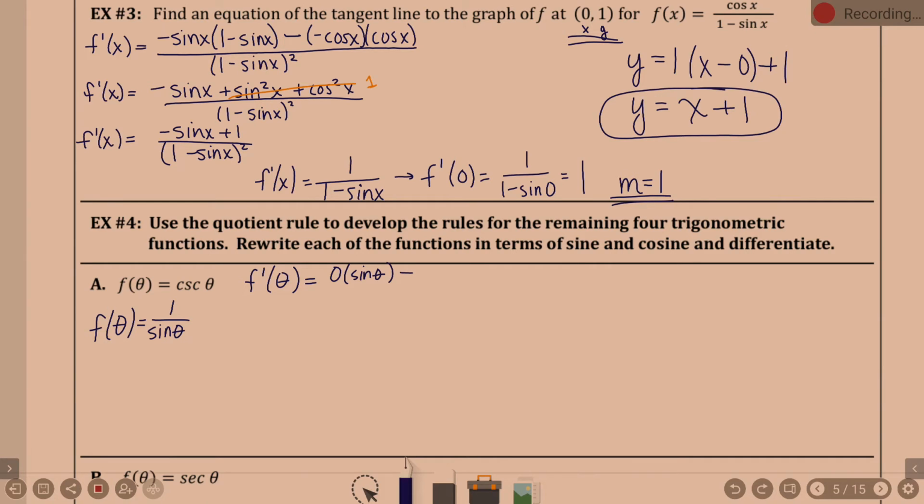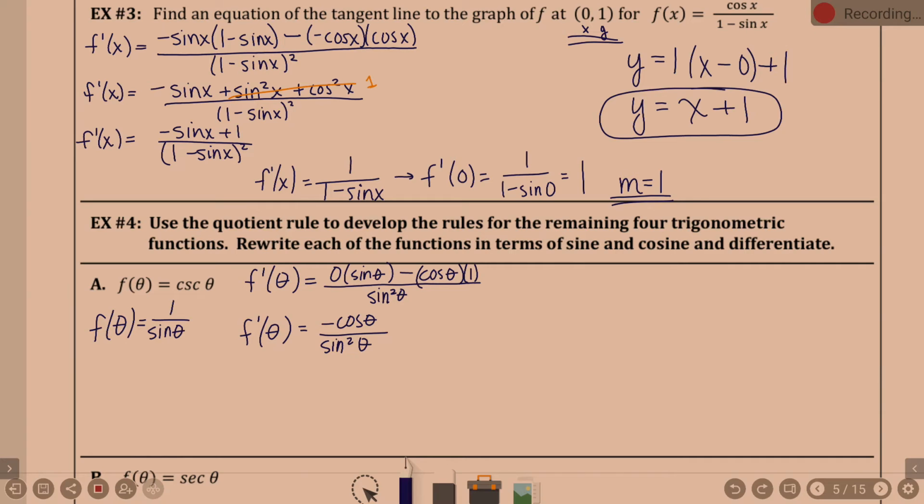The derivative of sine is cosine, times the numerator of 1, all over sine squared theta. What does my numerator clean up to be? Negative cosine theta over sine squared theta.